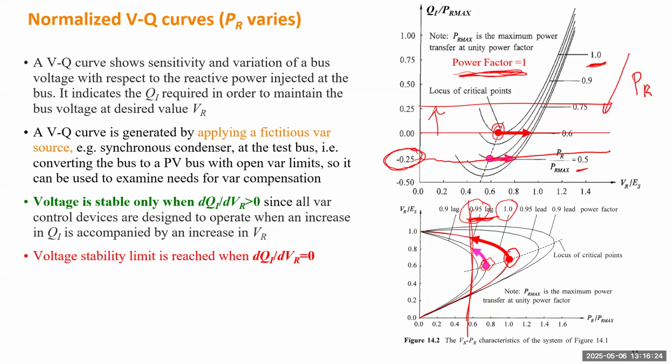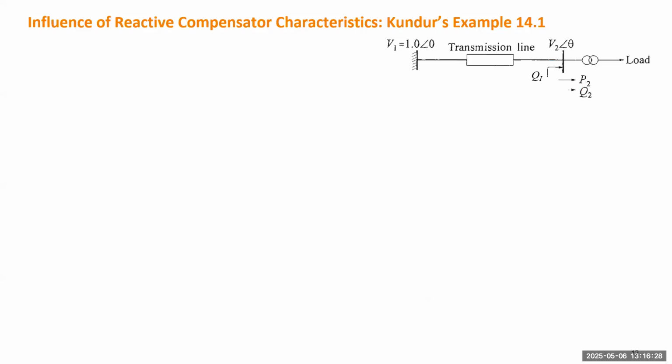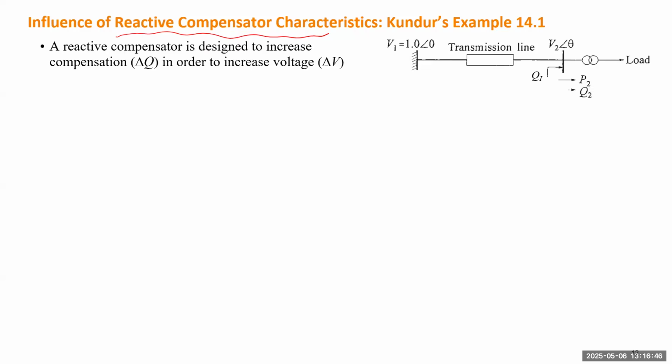So you still need to assume some practical var sources to do the study. So here, let's consider a reactive compensator made of capacitor banks, for instance. How can we utilize the VQ curve to study what reactive power to be injected?